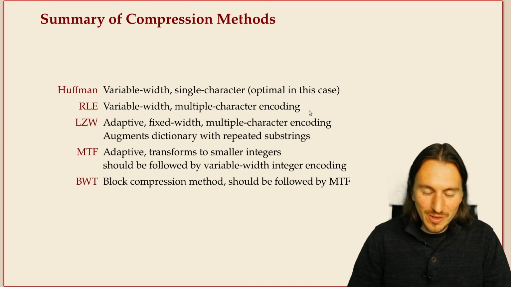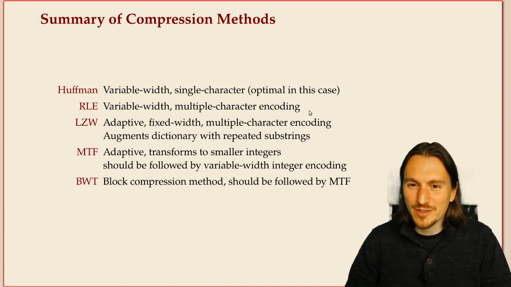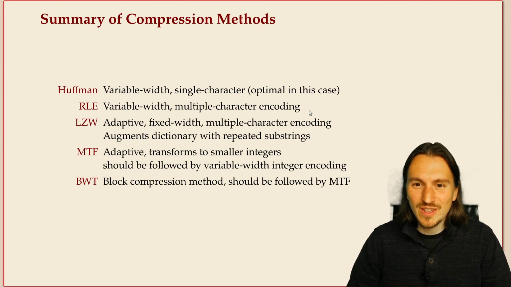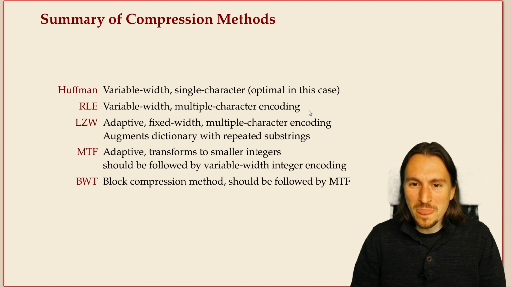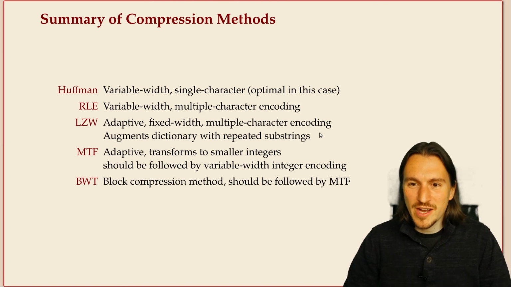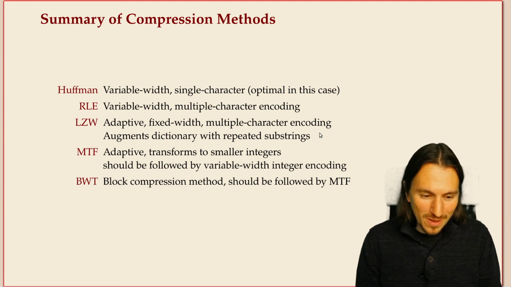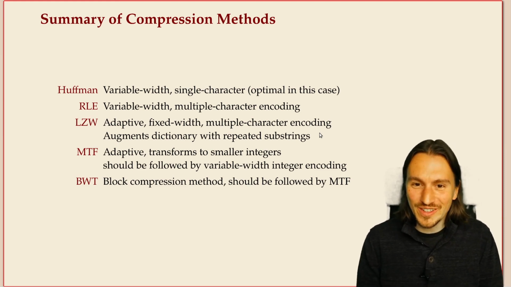Then we've seen run length encoding, which can get really great compression in very extreme cases, but in isolation is not very strong, but is a valuable part of the pipeline. Lempel-Ziv-Welch, a fast but effective method if you have repeated substrings, and used variable to fixed encoding.